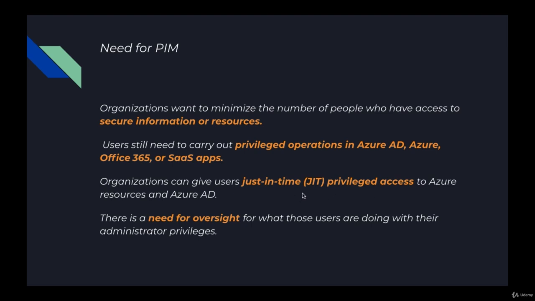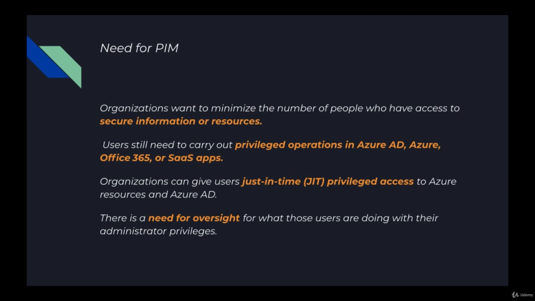For example, just in time access could be provided to a particular VM, say to an administrator or outside vendor who is managing your virtual machine for some reason, and you provide RDP access. Once the request is approved, after 3 or 4 hours that access can automatically expire. So you can provide time bound access to your users to perform such operations.